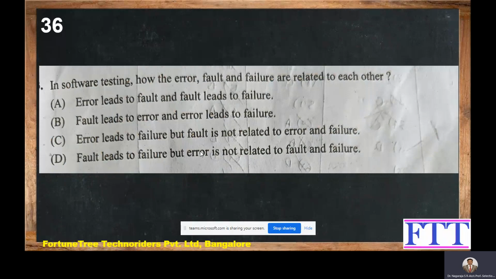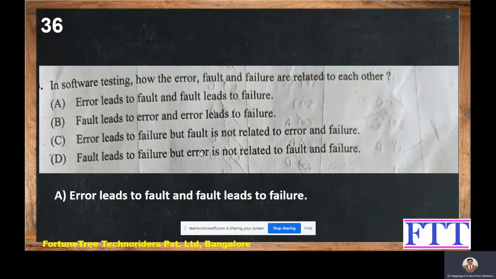Option C, error leads to failure, but fault is not related to error and failure. Option D, fault leads to failure, but error is not related to fault and failure. So the right option is option A, error leads to fault and fault leads to failure.